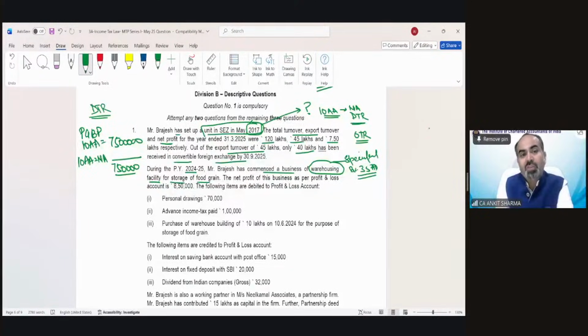For the purpose of default tax regime, this business would be a normal business, so normal business provisions would be applicable. So he has one business, that is PGBP under section 10AA. Second is the warehousing business, so we have to calculate the profit under warehousing business provisions. And you can see the net profit given in this business is 8,50,000.